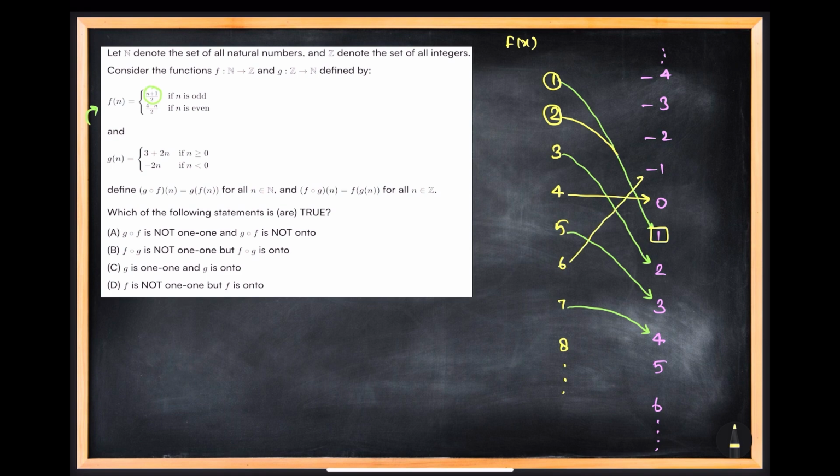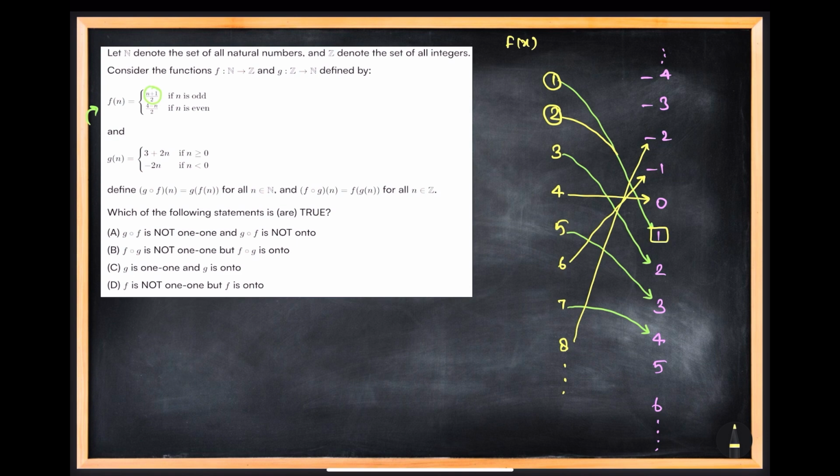So this is connected with minus 1. Now 8. 4 minus 8 is minus 4, minus 4 by 2 is minus 2. So look at this: these even numbers are getting connected with the negative of natural numbers. So this is about the f function.